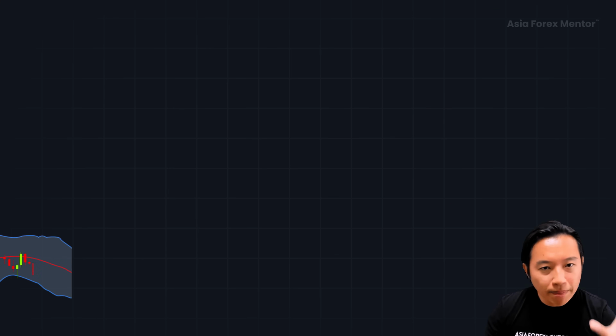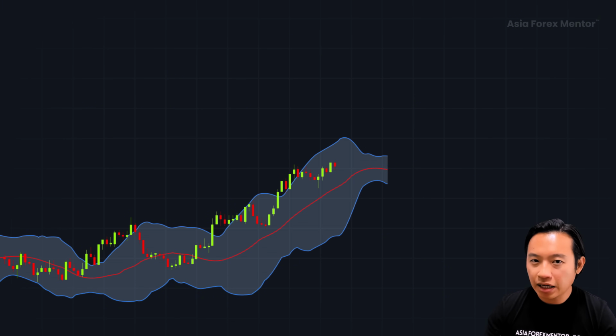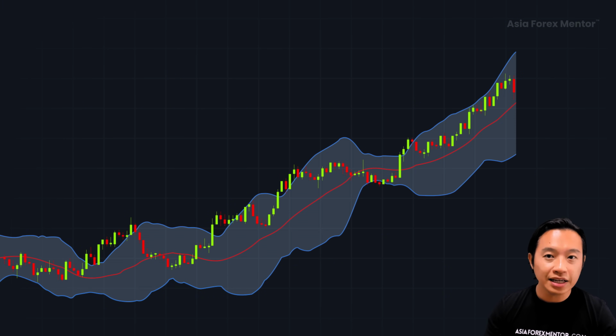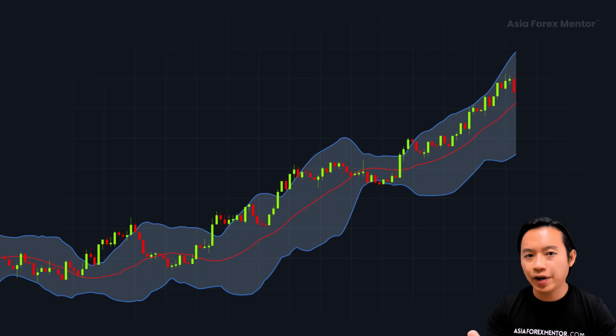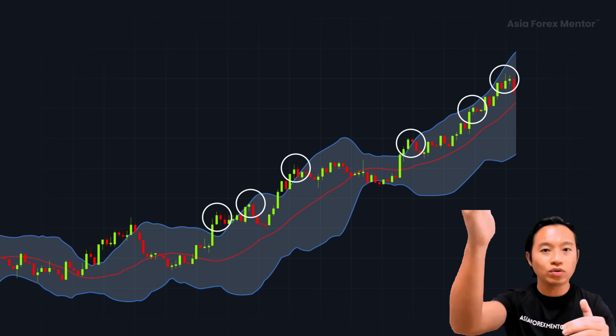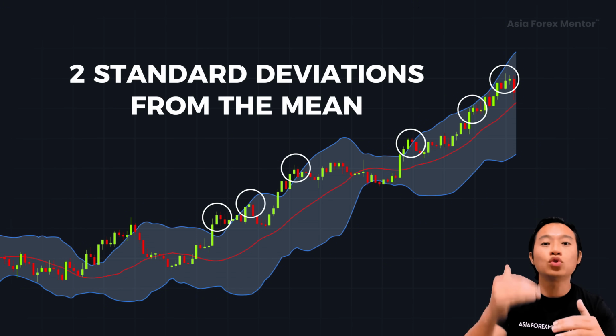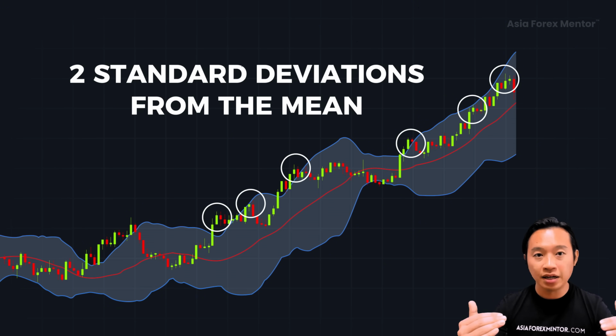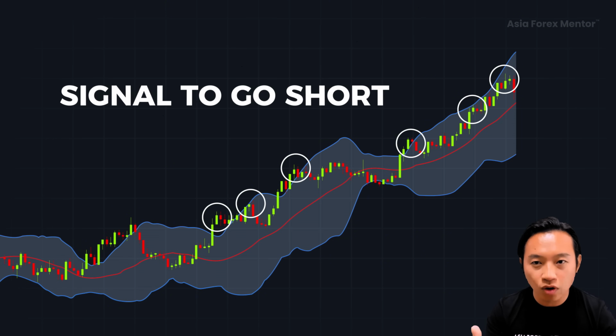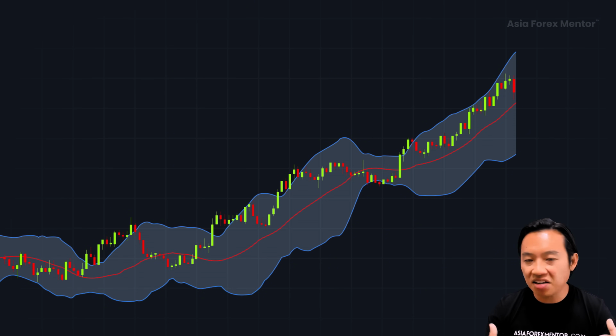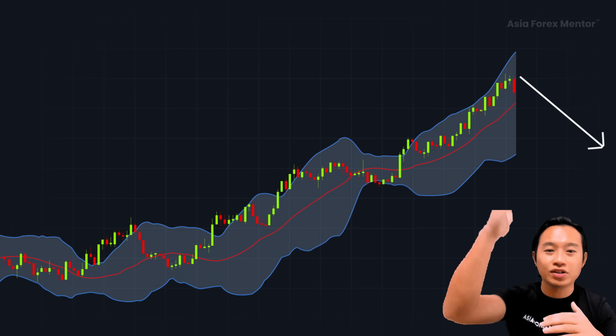Now, a common mistake traders make when using the Bollinger Band is assuming that just because the price reaches the outer bands, which is the 2 standard deviations away from the mean, it is a signal to go short, right? They think that the market is overextended, it's ready to reverse, just because it's at the upper band.